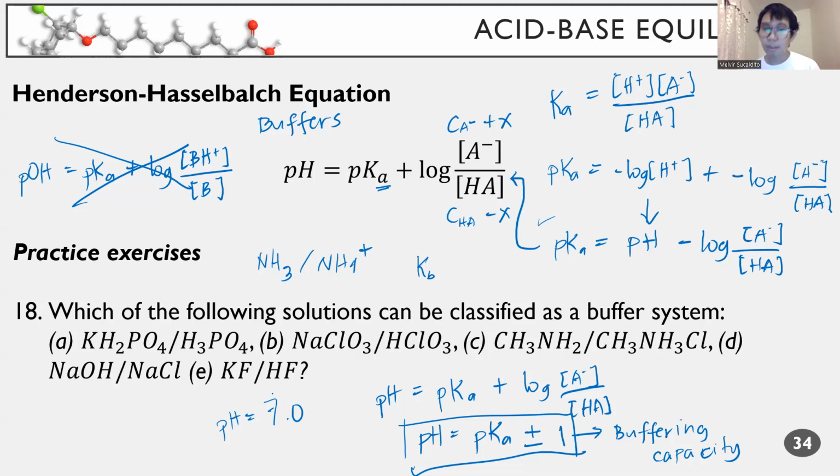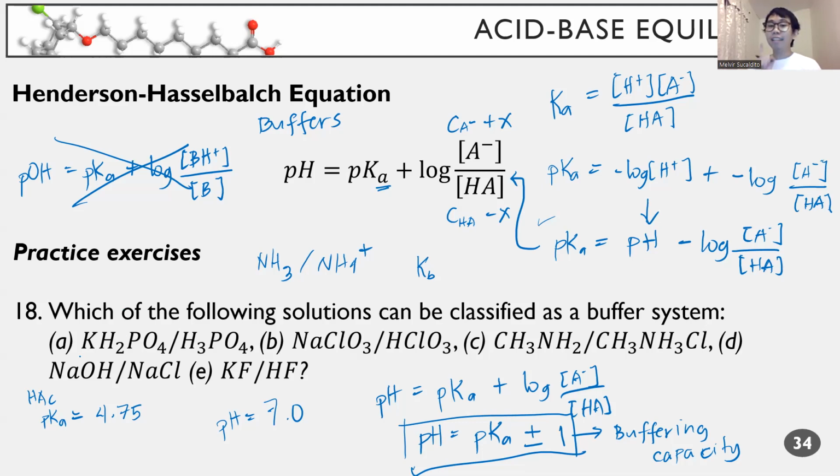So for example, an acetic acid buffer. For acetic acid buffer, the pKa of acetic acid is the negative log of 1.8 times 10 to the negative 5, which is 4.744. Is that right? 4.744, or around this value.